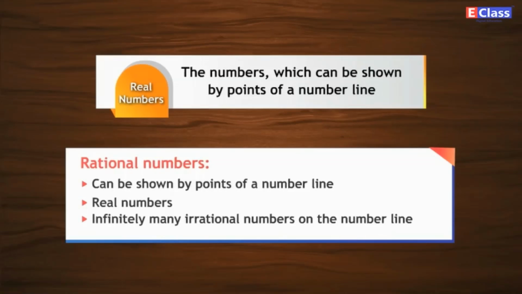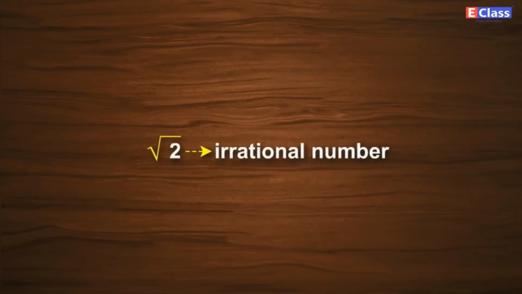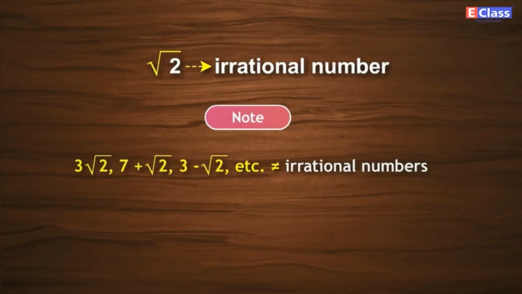There are infinitely many irrational numbers on the number line. The square root of 2 is an irrational number. Note that the numbers like 3 square root of 2, 7 plus square root of 2, 3 minus square root of 2, etc. are also irrational numbers.